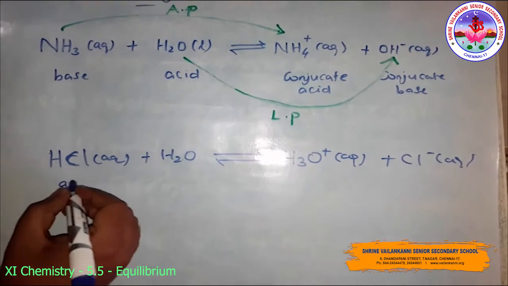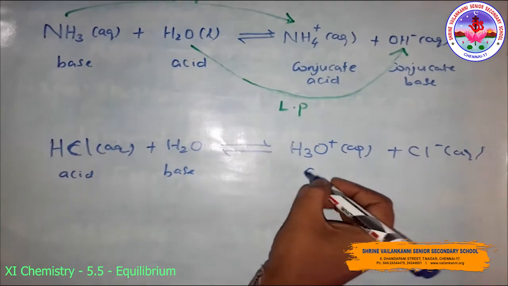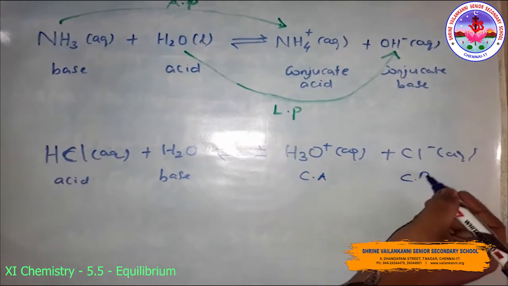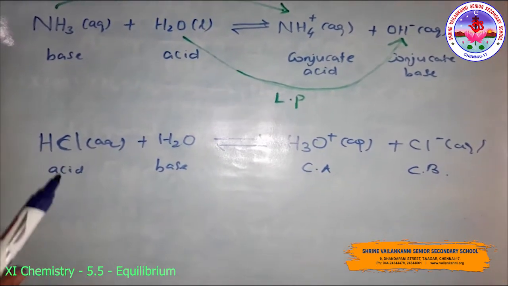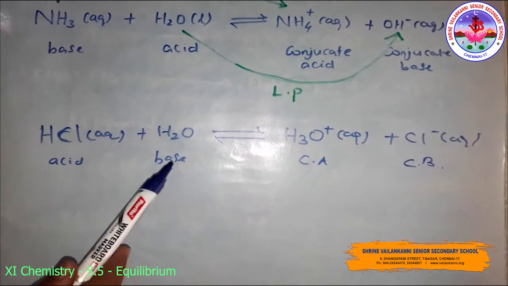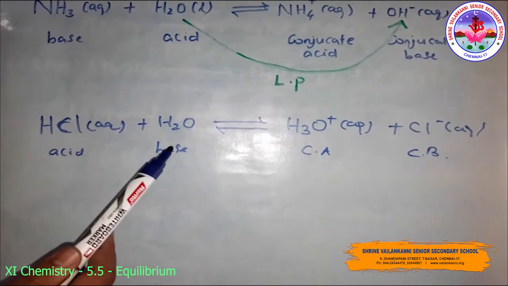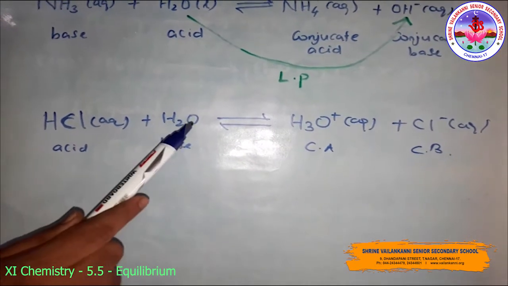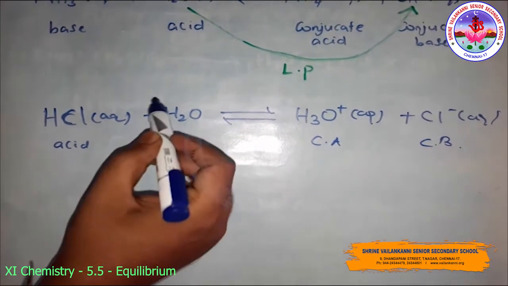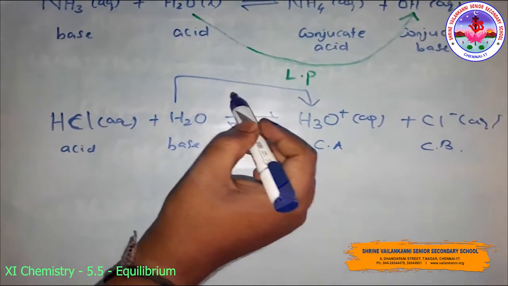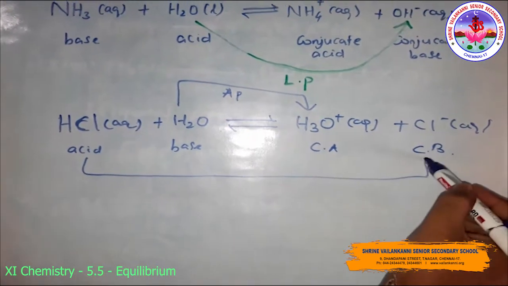Here this is the acid and this is the base, and this is the conjugate acid and this is the conjugate base. Here HCl acts as an acid by donating a proton to the H2O molecule, which acts as a base. It can be seen in this equation that water acts as a base because it accepts a proton. Look at this. This is the addition of a proton, and this is the loss of a proton.